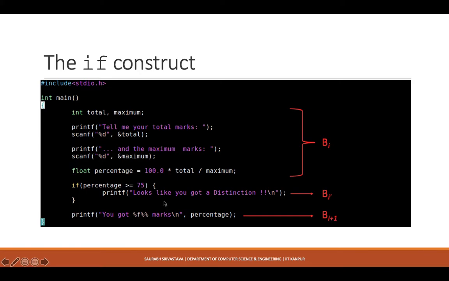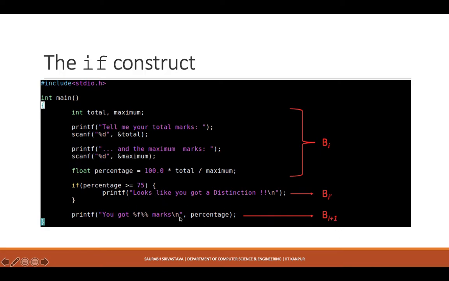So if you go back to the analogy, these statements, okay, there are no branching statements from the start of the code block. So essentially this is bi, and then this is your if, and this part is c. Okay, percentage greater than or equal to 75 is c, and this is bi dash. Okay, bi dash is basically the statements within your if braces, and then this is bi plus 1.